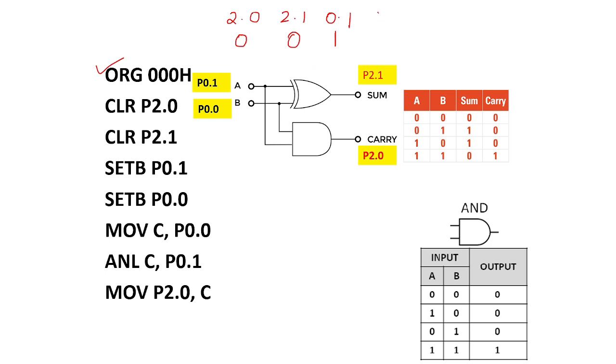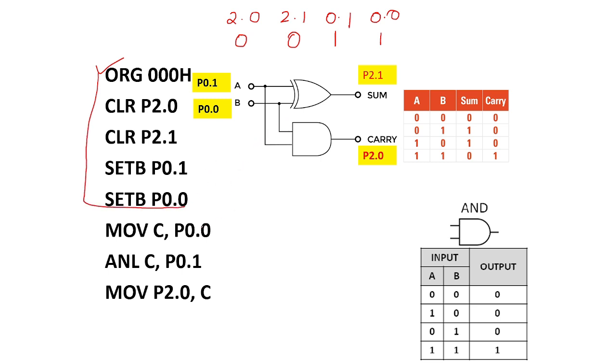So what I am doing is clearing the bits 2.0 and 2.1, and making 0.1 and 0.0 the input ports. So I am configuring 0.0 and 0.1 as input ports and specific pins.